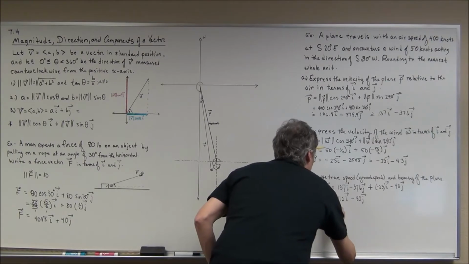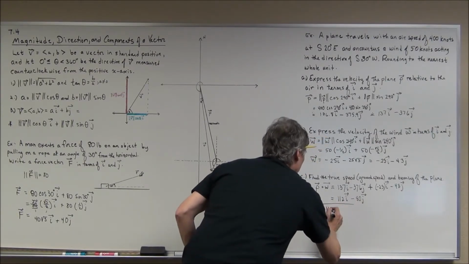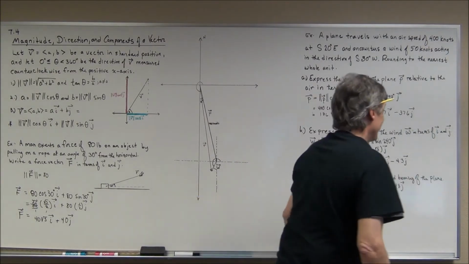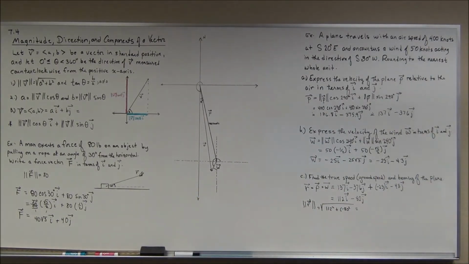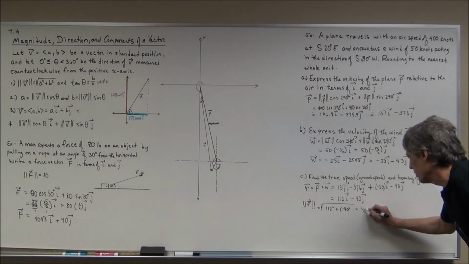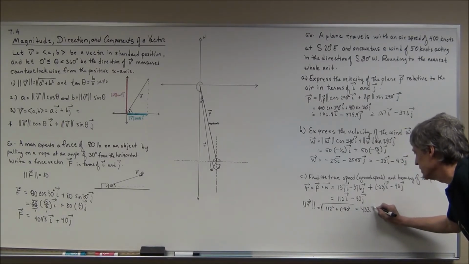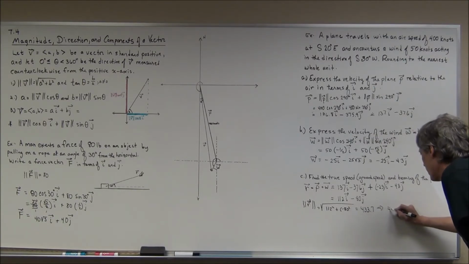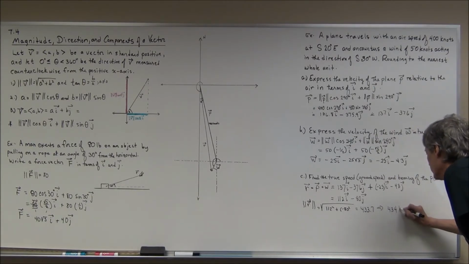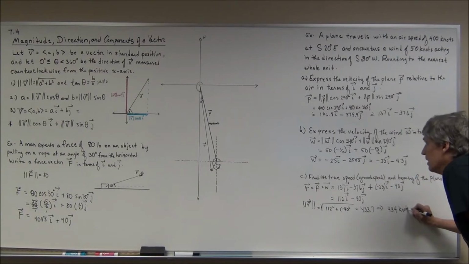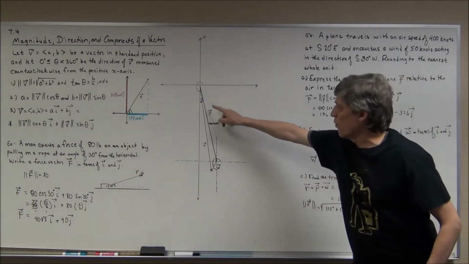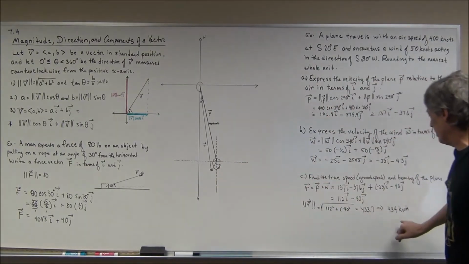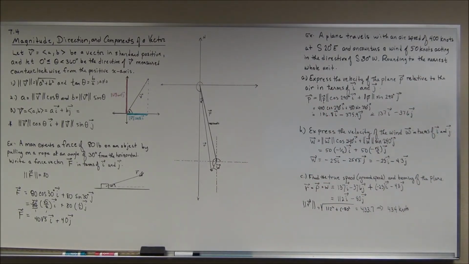So if I want the magnitude of vector R, this would be equal to the square root of 112 squared plus negative 80 squared. So again, that's an approximate, but this is going to turn out to be 433.7, or in our case, what we need to the nearest whole number, this is going to be 434 knots. And that makes sense if you think about it, because the plane's going 400 knots, the wind is kind of pushing it a little bit along, so it should be higher than 400 knots, and that's exactly what happens.